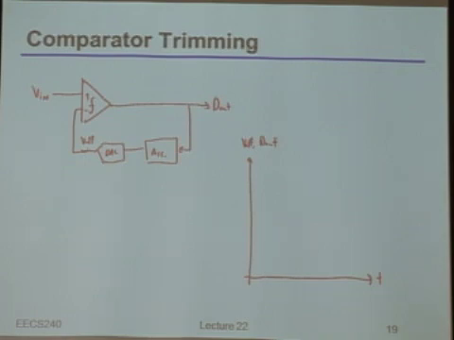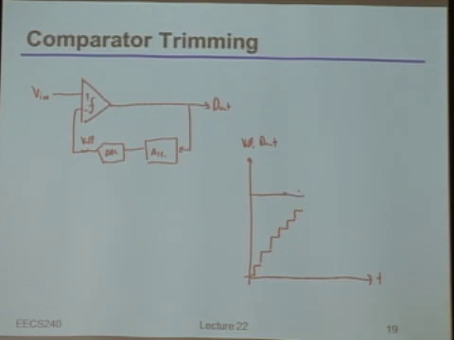Let's assume that initially the offset voltage was too low, meaning that the output of the comparator is going to be high. Well, in the first clock cycle, if I have a high coming out of the comparator, the accumulator will say, okay, I need to step up. It'll step up the output voltage. If I repeat and it's again high, again, it'll step up. As long as this output is high, it's just going to keep stepping that voltage up. I'm just going to stop there so that it's easier to draw.